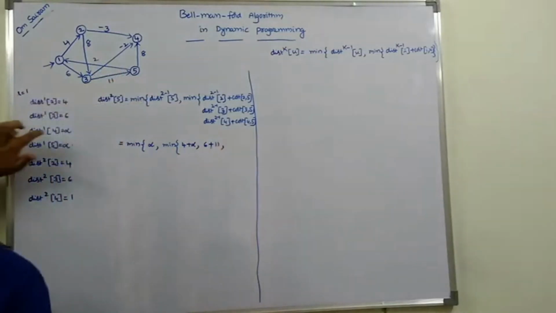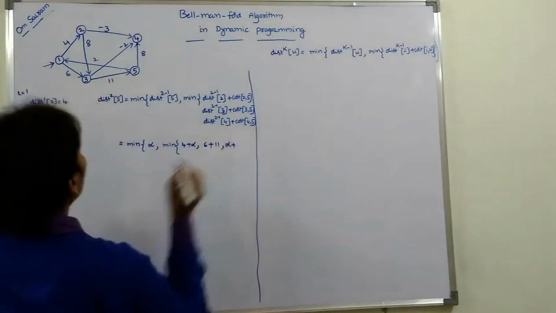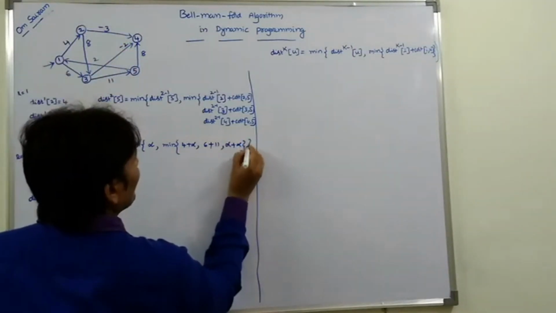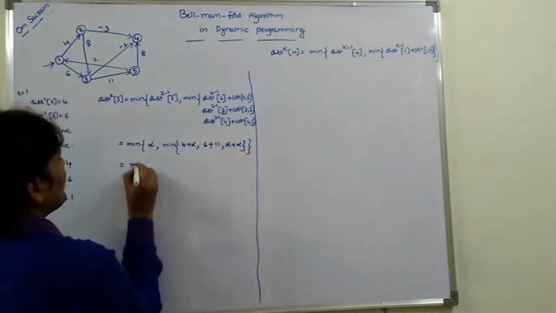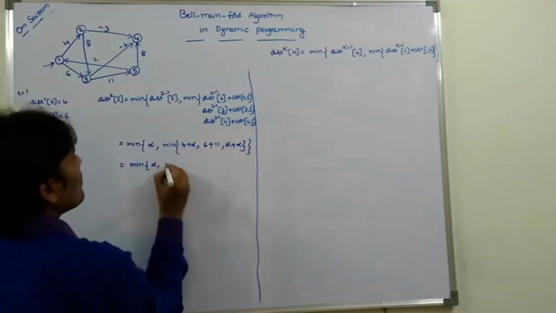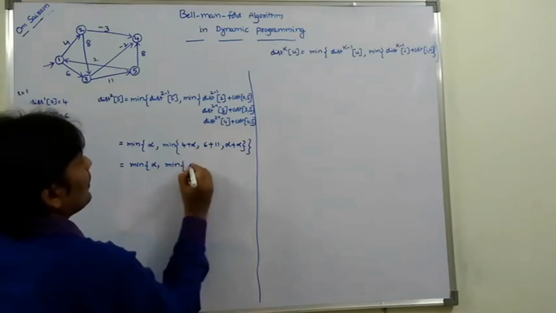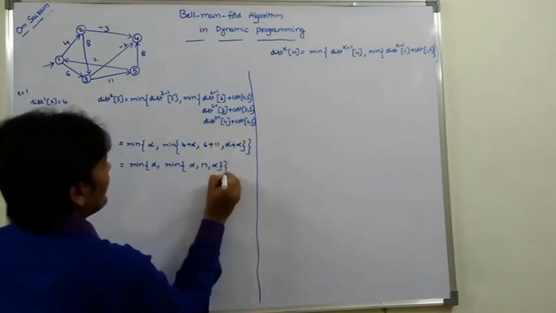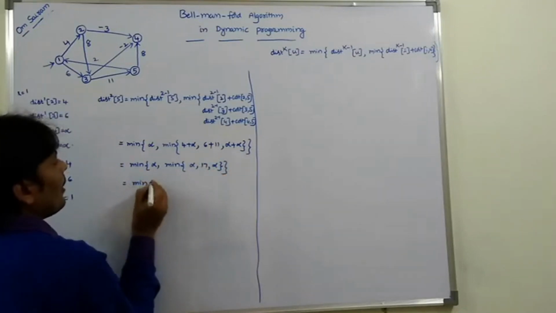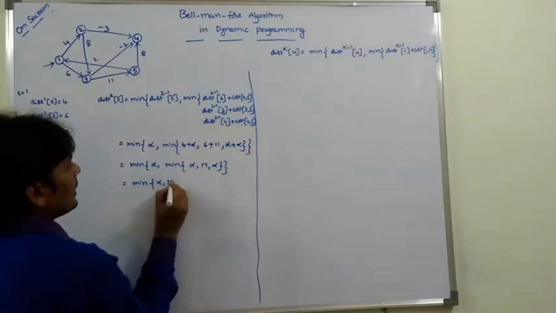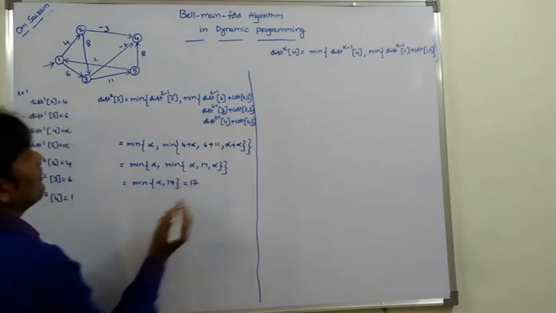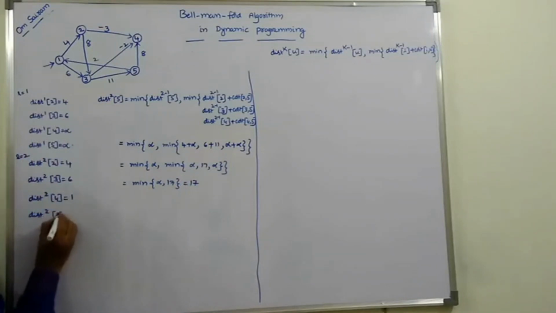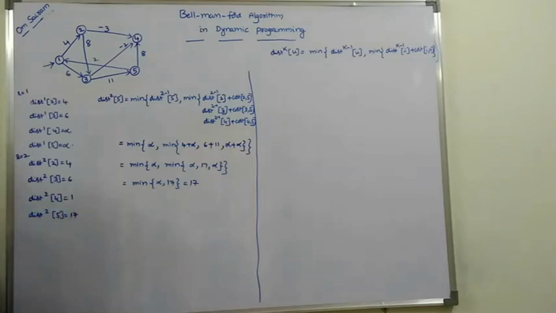Dist 1 of 4, that is infinity, plus cost of 4 comma 5, which is infinity. So that is the minimum of infinity comma 17 comma infinity, which is 17. So dist 2 of 5 is equal to 17.